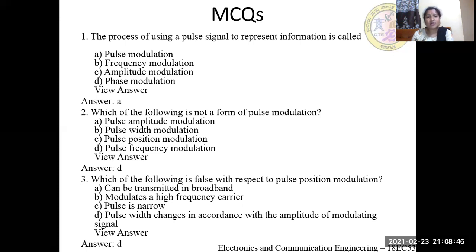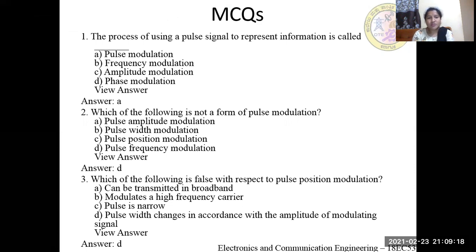D. Phase modulation. The answer is A, pulse modulation. Second question: which of the following is not a form of pulse modulation? Options: pulse amplitude modulation, pulse width modulation, pulse position modulation, pulse frequency modulation. The answer is D, pulse frequency modulation.